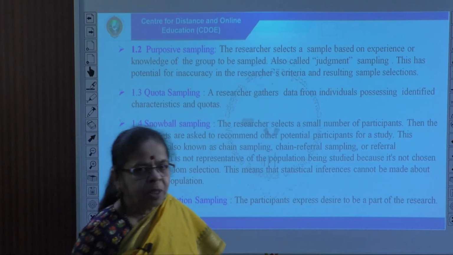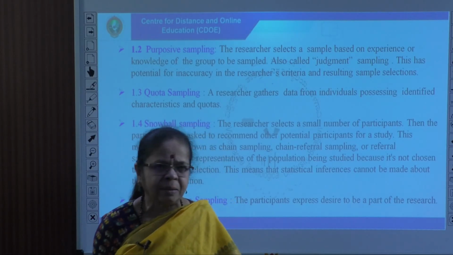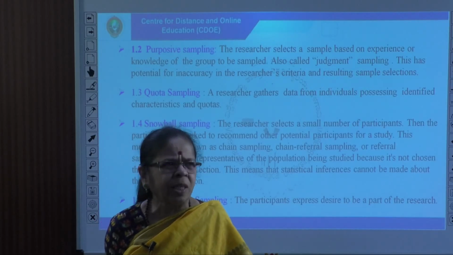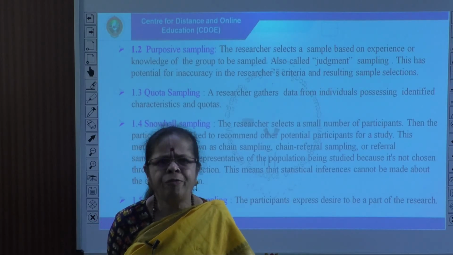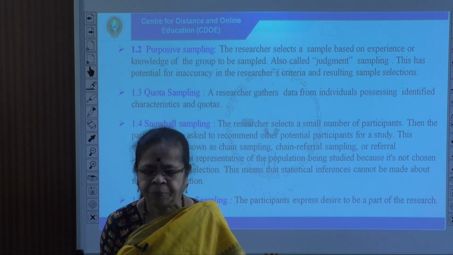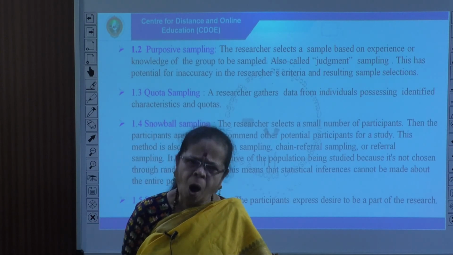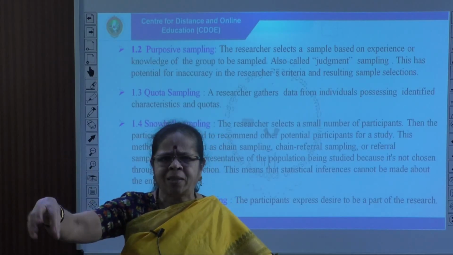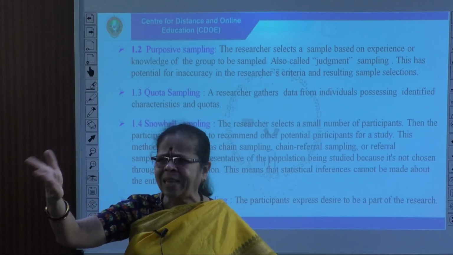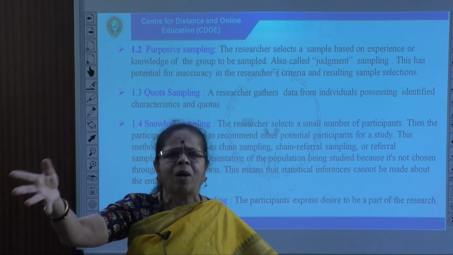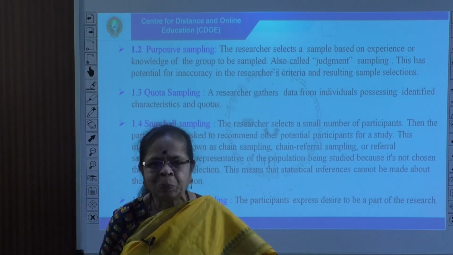Now, I will tell you what happens. I know two entrepreneurs. Let us say their business turnover is 50 lakhs a year. Obviously, their contacts will also be of a similar scale, not more than that.